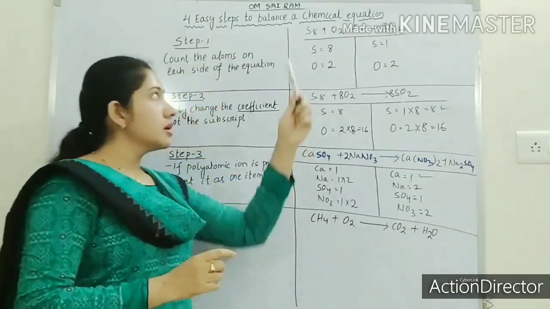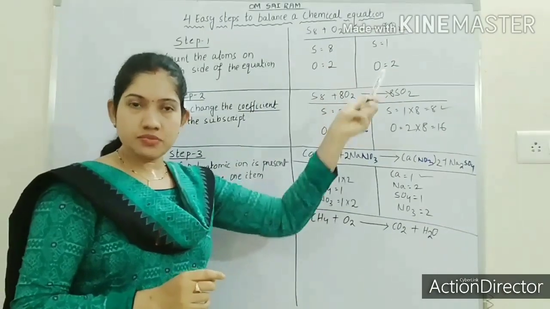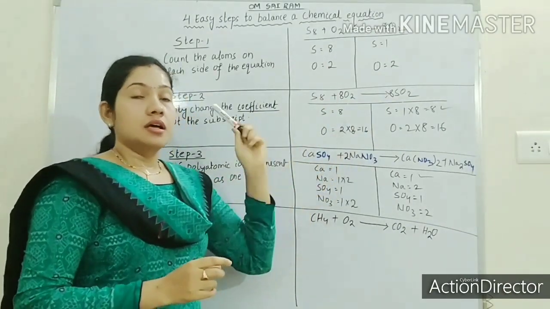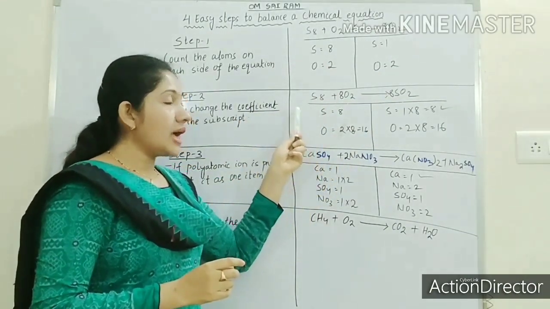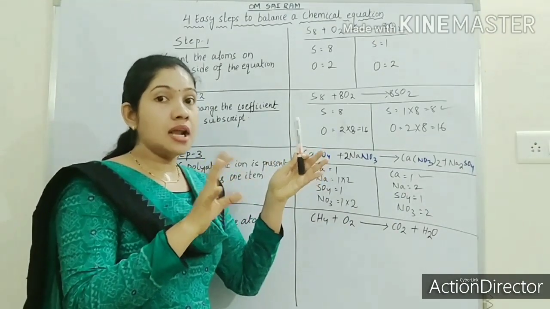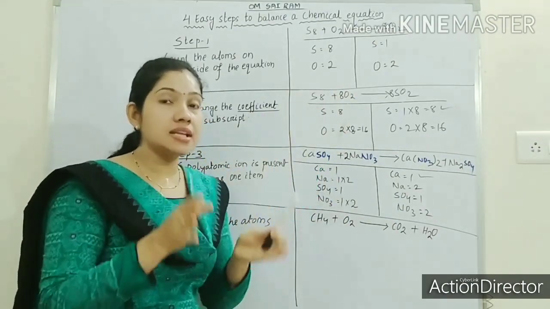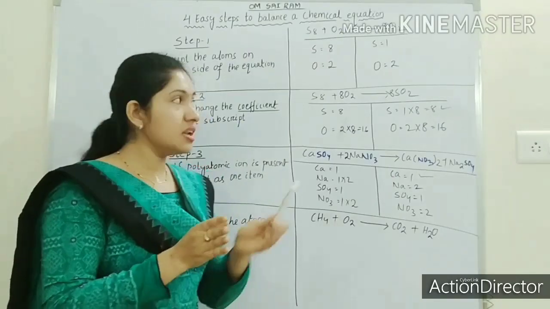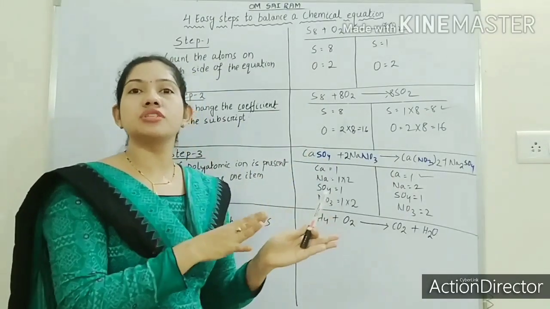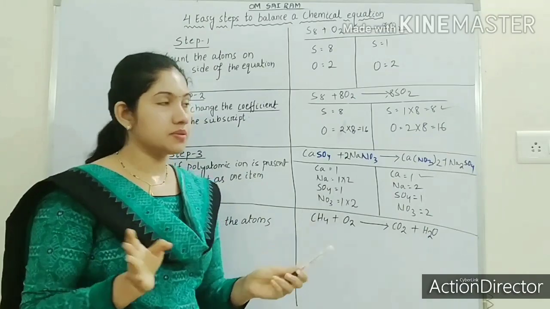Again let me repeat. First, note down the atoms. Second, if it is unbalanced, after writing the atoms you can add the coefficient, but do not change the subscript.